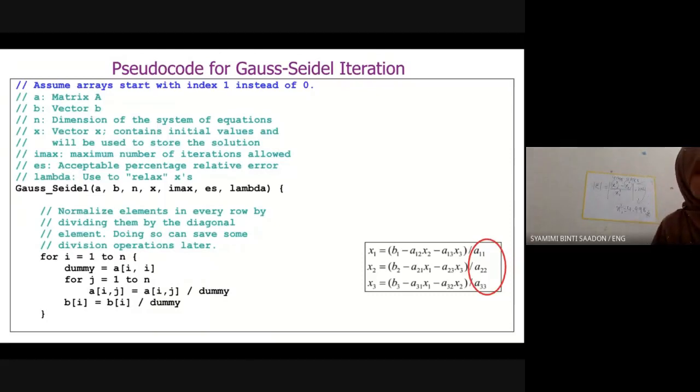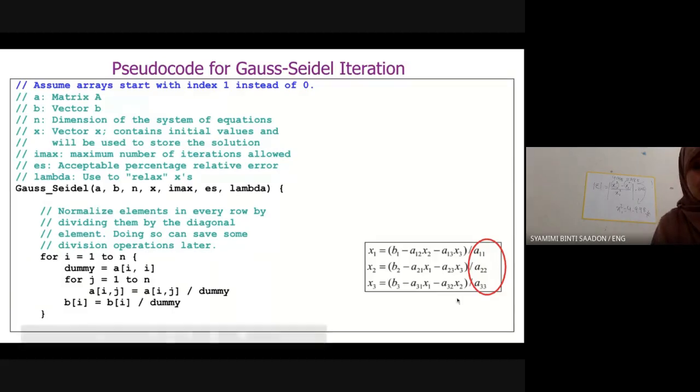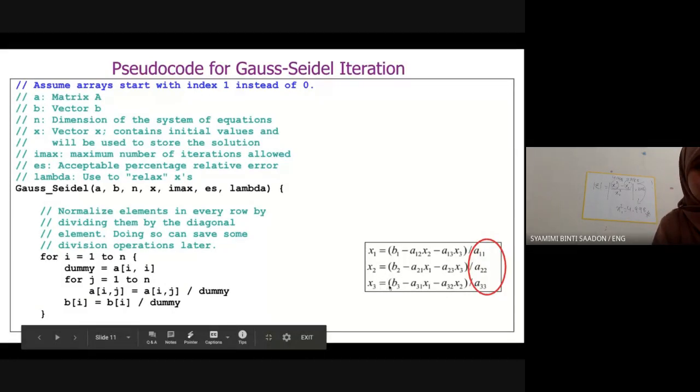This is an example of how we program this in computer programming, MATLAB or Python, etc. So for Gauss-Seidel iteration, for example, we have this set of equations like just now, three equations to solve S1, S2, S3, right?